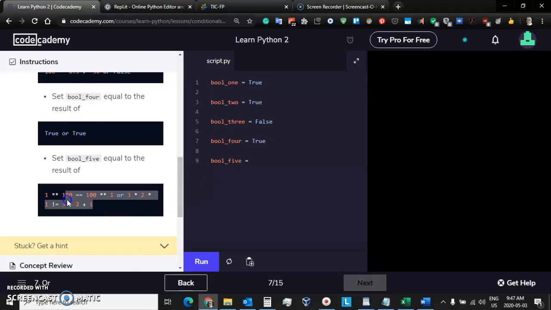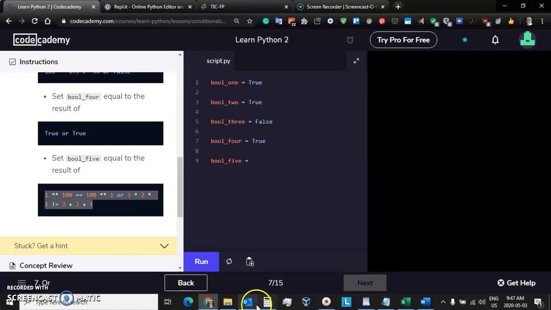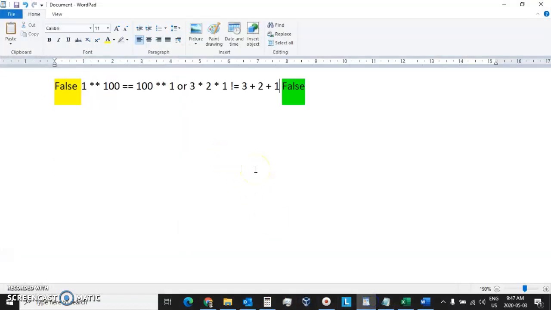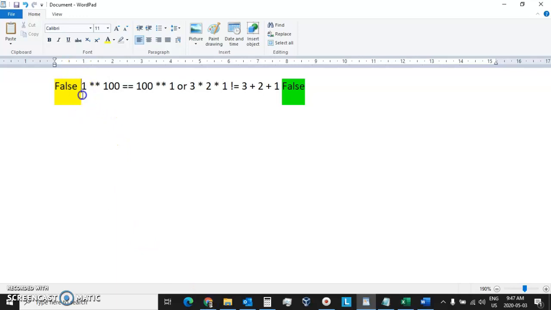And then we have this last expression here, so I'm going to copy that into WordPad, and it looks like we're going to have a lot of fun evaluating this one. So there is your OR operator, and I think I may have copied it incorrectly. Yes, so let me just get rid of the color here and here.